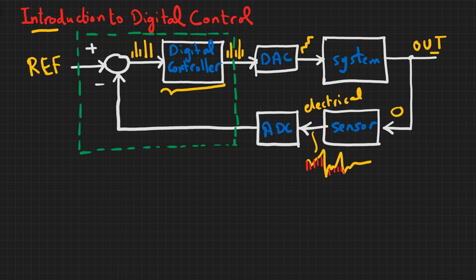Okay, so this analog to digital converter does two things. It performs sampling, so it samples the continuous time signal at regular intervals, let's say T, and then it does quantization.